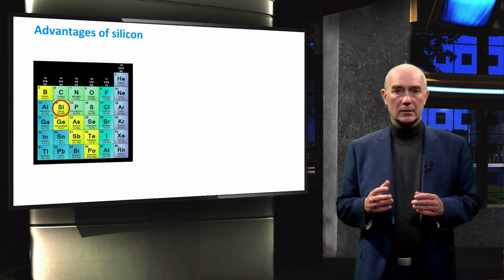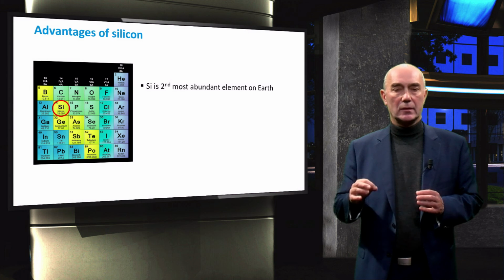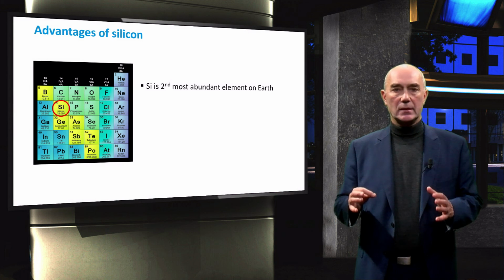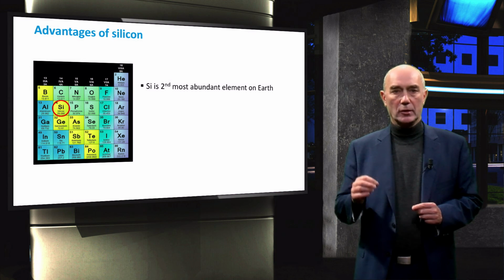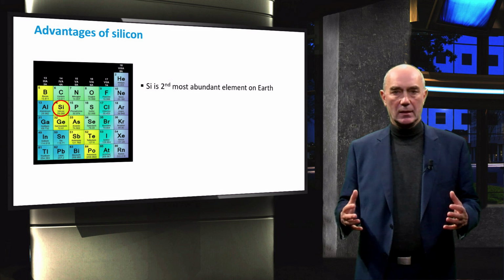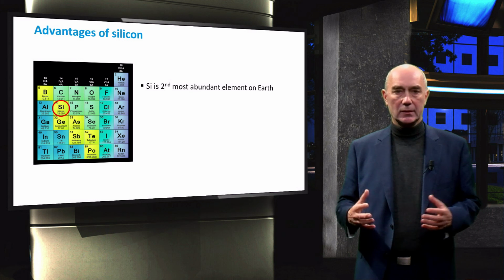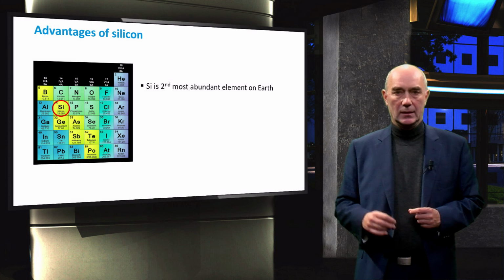To start with, silicon is the second most abundant material on our planet. This is important because in order to make solar energy a large player in the global energy landscape, we are going to need a lot of material, so we need a material that is abundant.